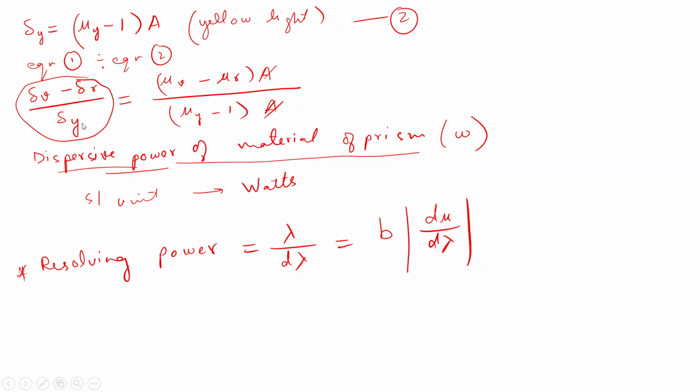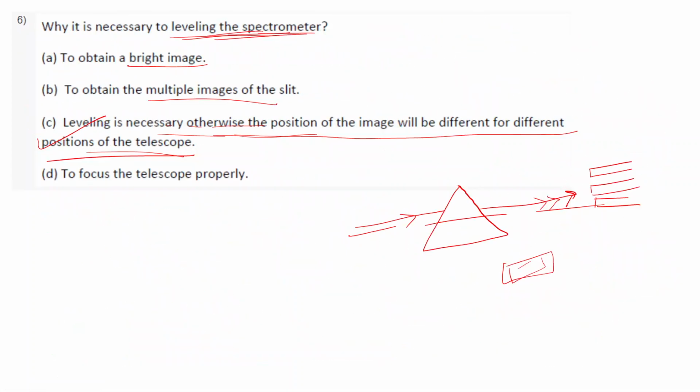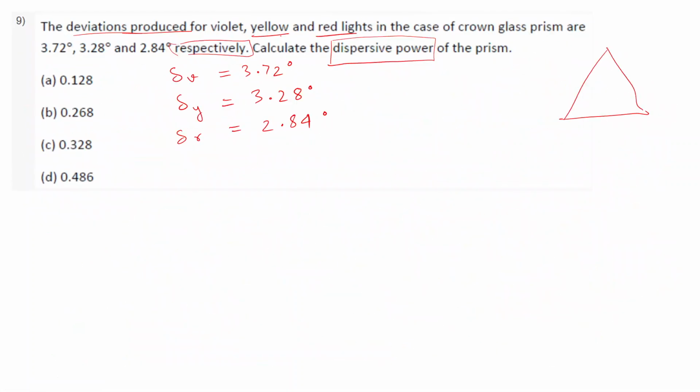Usually we consider yellow light. When we take this ratio, we get the dispersive power of the material. So we'll use that formula here.